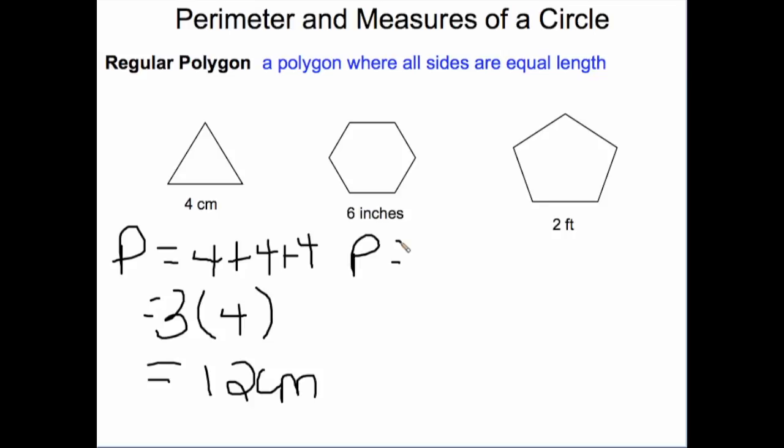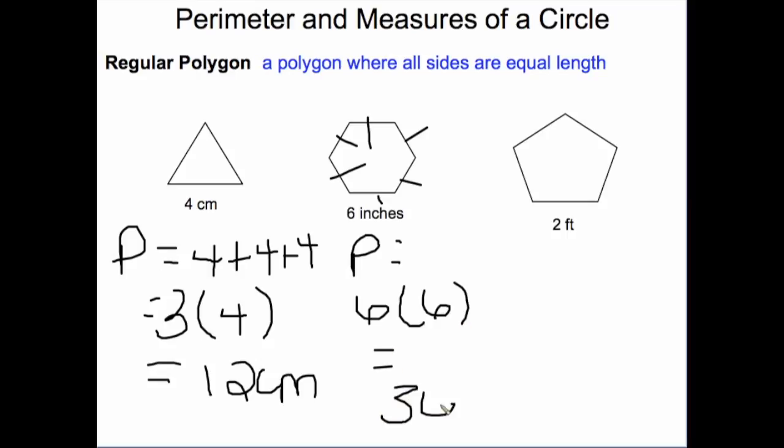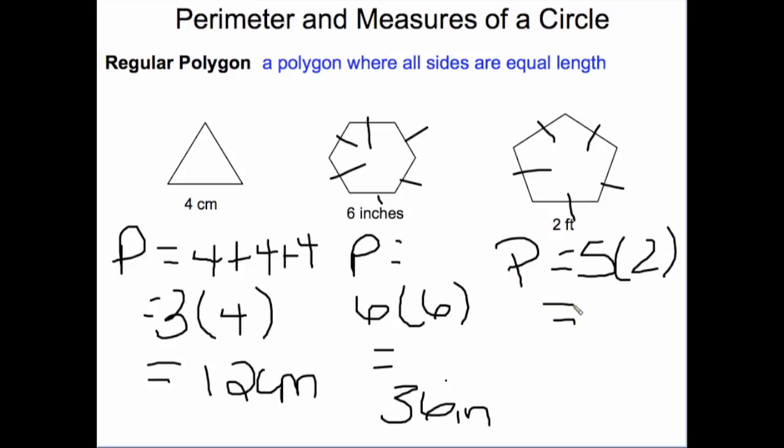So I have 6 sides, 6. So I'm going to take 6 times 6, and that's going to give me 36 inches. Now here I have the pentagon. My perimeter is 5 times 2. It's going to give me 10 feet.